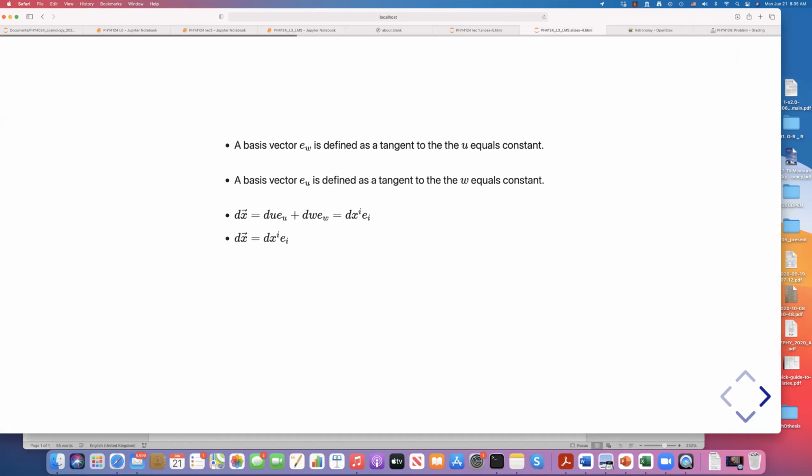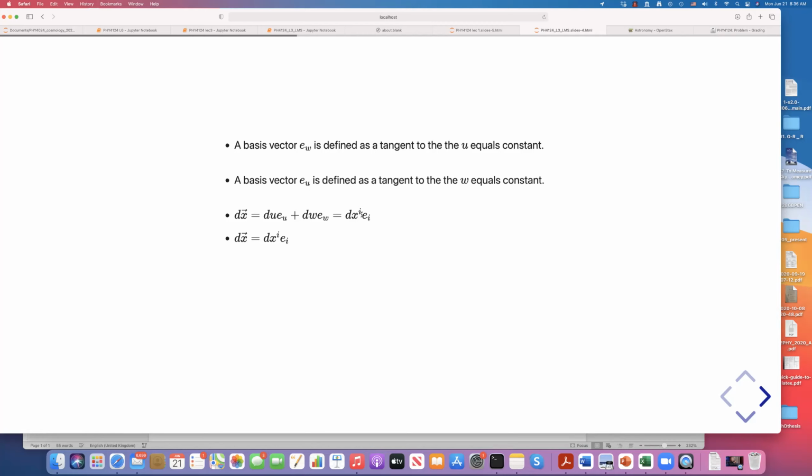Now the same thing, if you need, you can write using Einstein's summation convention again as dxi ei. What that means is again you have the repeating index, that is this i, which means you can write this as a summation. If you have two components like this, you can write dx1 e1 plus dx2 e2, right?